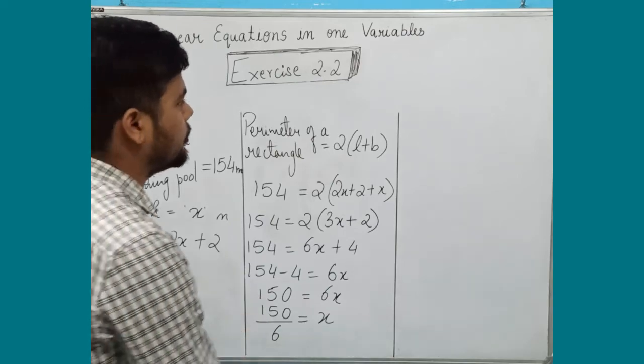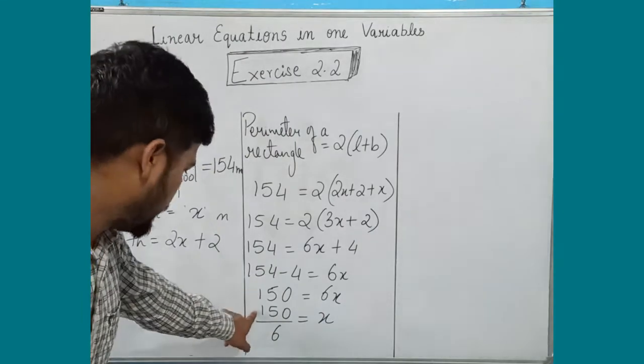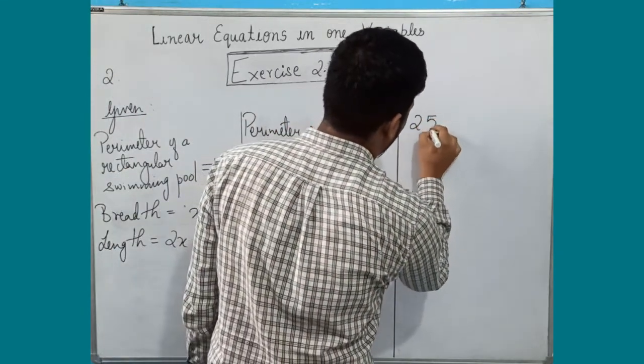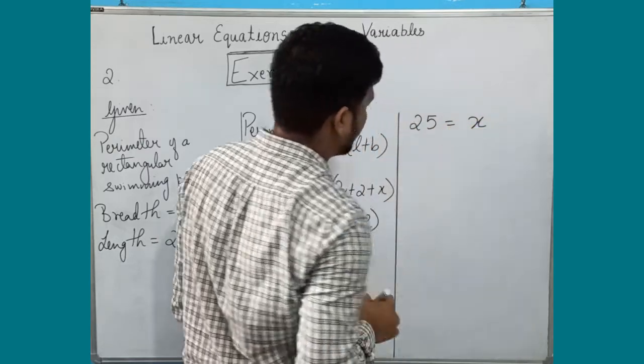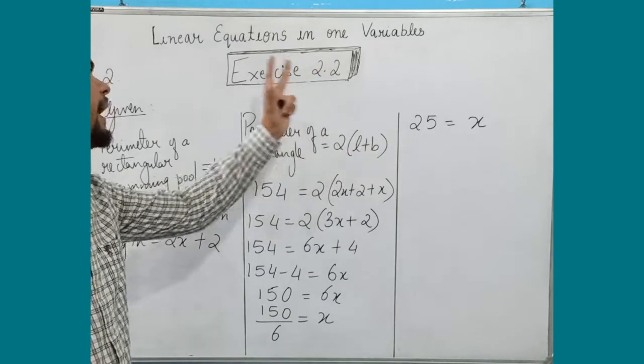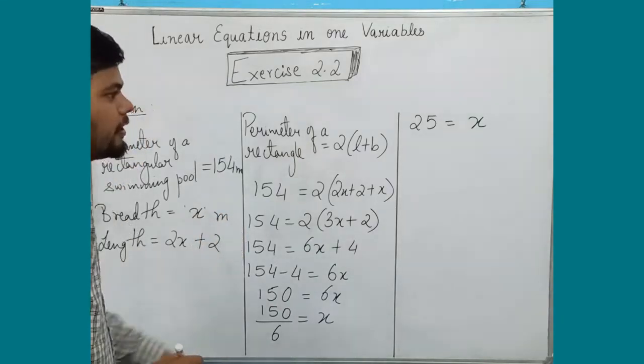Now you do the division and you will find that if you divide this, you get 25 as the answer. Okay, you get 25 as the answer. So go back to the previous thing that you had done in the beginning, that is, breadth is x meters. So now we got the value of x.